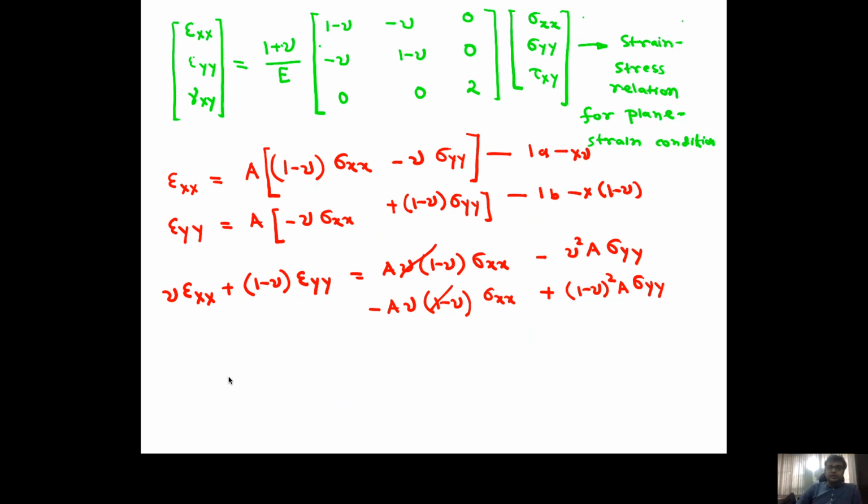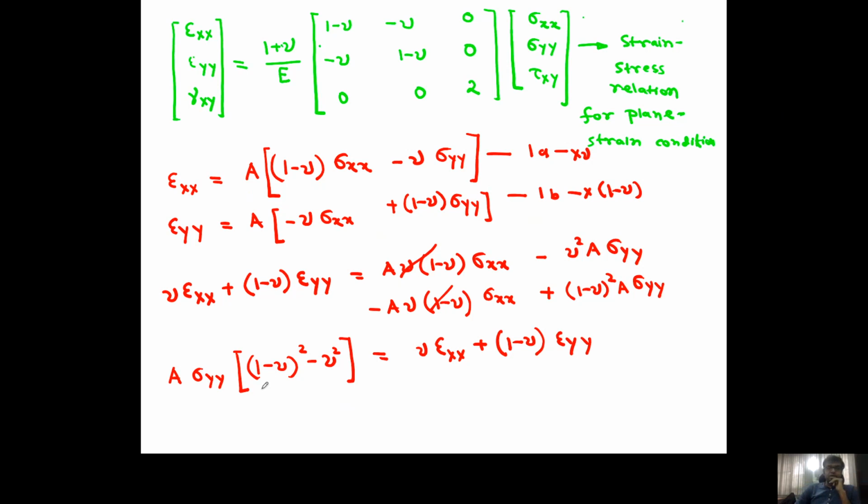And what do I have at the end is sigma yy times, so a can come outside, so a sigma yy times 1 minus nu whole square minus nu square, so that is a square minus b square, and that is equal to nu epsilon xx plus 1 minus nu epsilon yy.